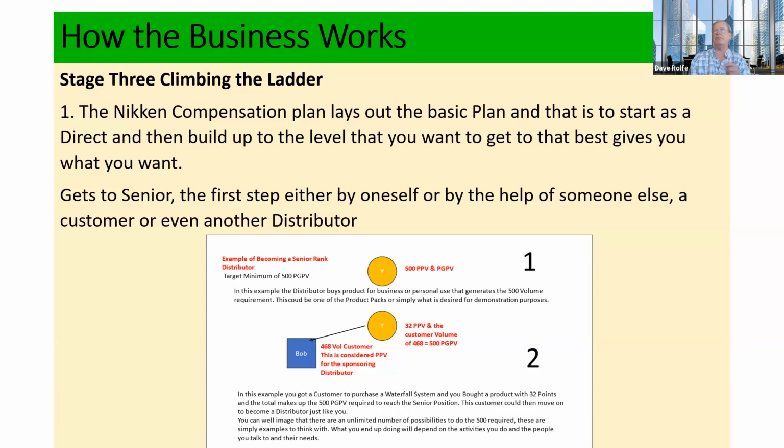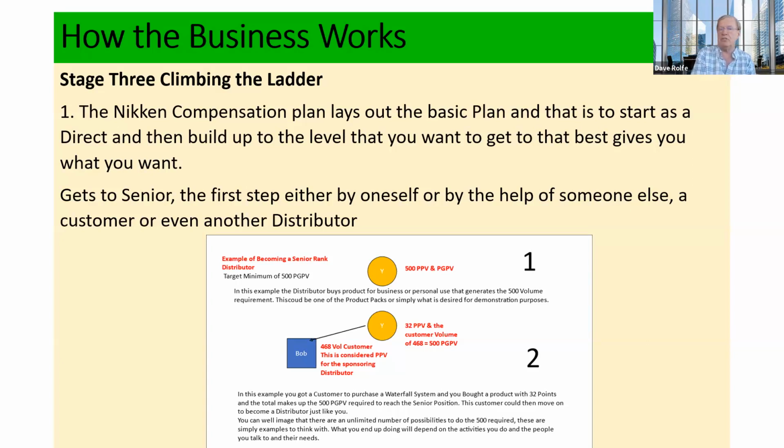So if you have read the compensation plan, or if you're new, you want to read the compensation plan. This is the ladder. It starts at the bottom at direct distributor, and then it works step by step by step, or stair by stair by stair, all the way up to the top position called Royal Diamond. And there's a bunch in between. But the idea here is do one step at a time.